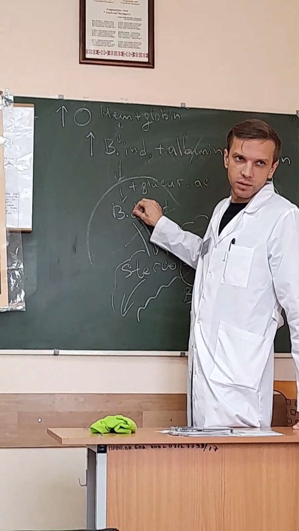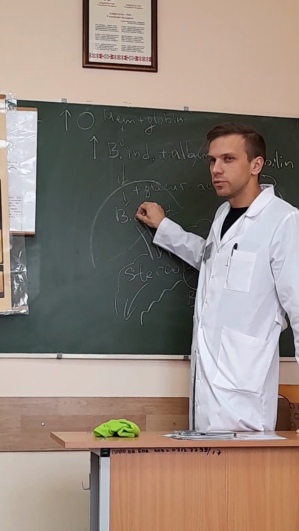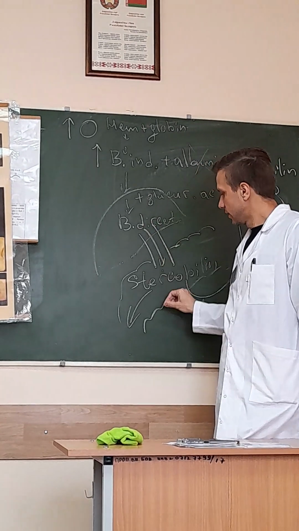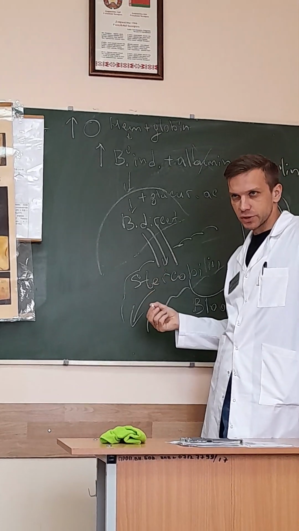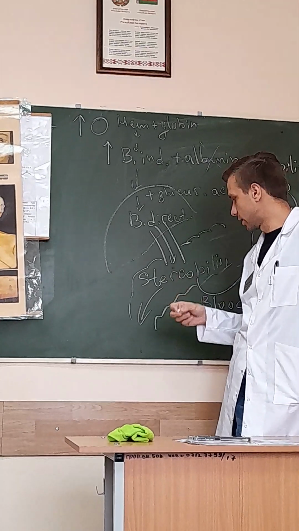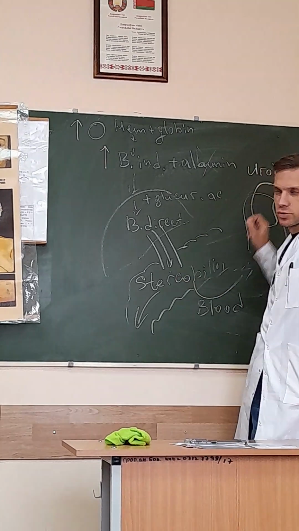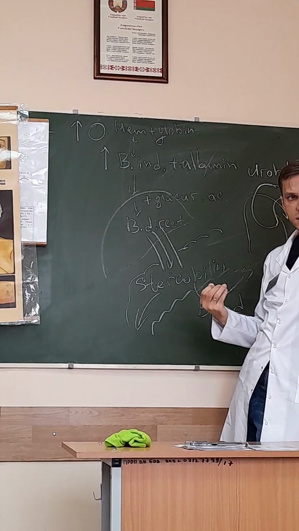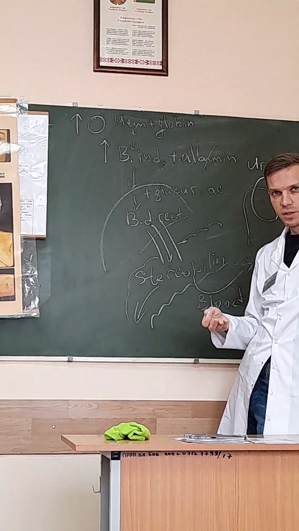There will be increased production of direct bilirubin, which fully will be removed to the feces. Stercobilin will be produced. That's why feces are with normal color. More stercobilin will be absorbed back to the urine, and urobilin will be increased. That's why urine will be darker than normal, dark yellow urine.